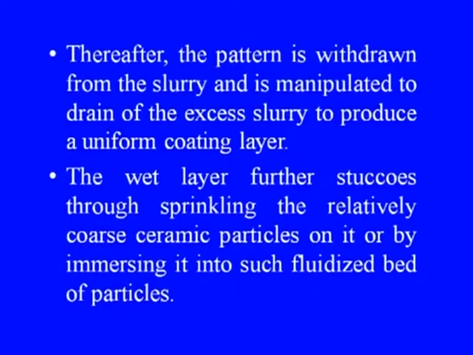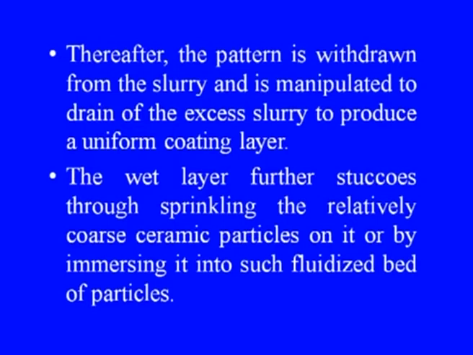In this process, a wax pattern or assembly is first dipped into a ceramic slurry for its primary coating. Thereafter, the pattern is withdrawn from the slurry and is manipulated to drain off the excess slurry to produce a uniform coating layer.